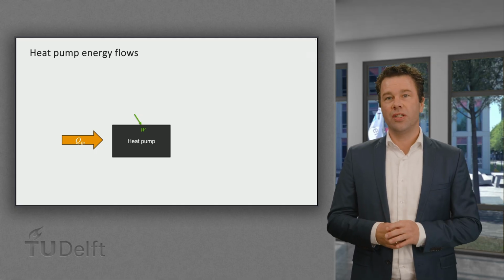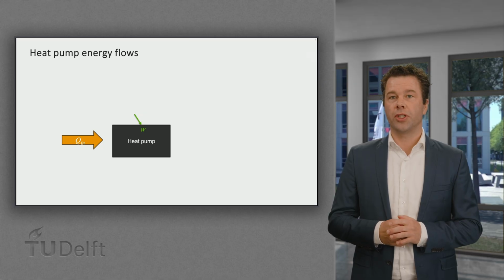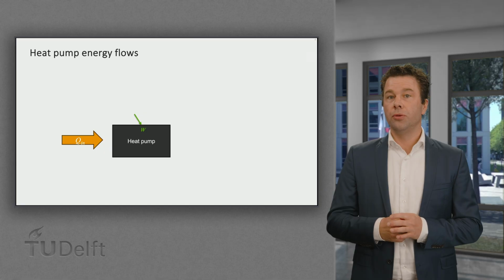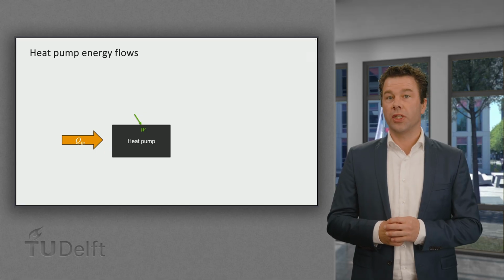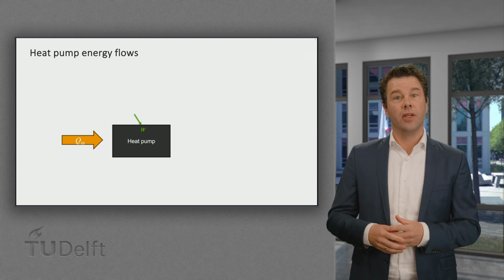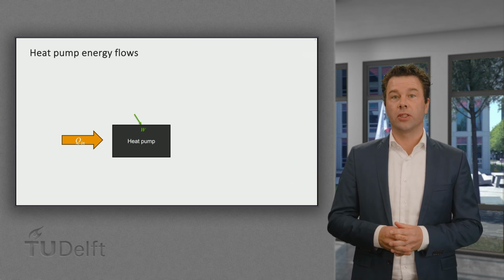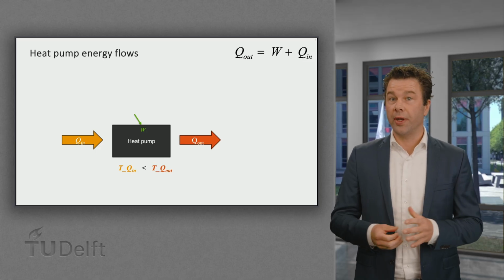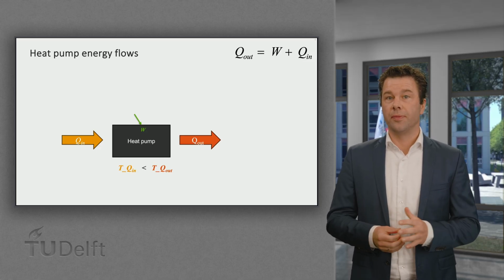Please note that this feature is used in refrigerators and air conditioning units, such as cooling devices. They use exactly the same working principle as heat pumps. For cooling, we are interested in the cooling generated and dump the heat quite often into the outside air. Now back to heat pumps, as we are now interested in the generated heat.